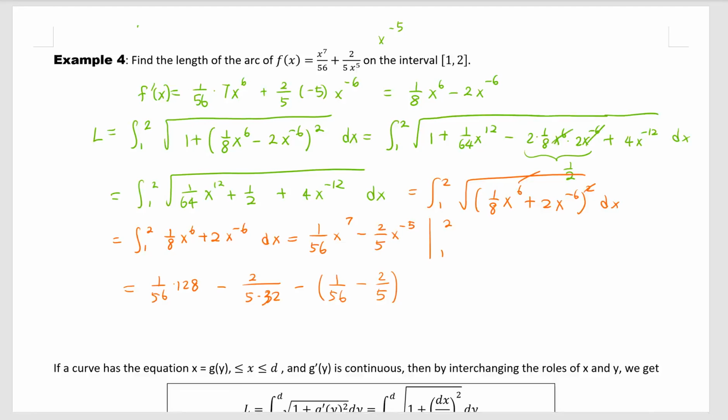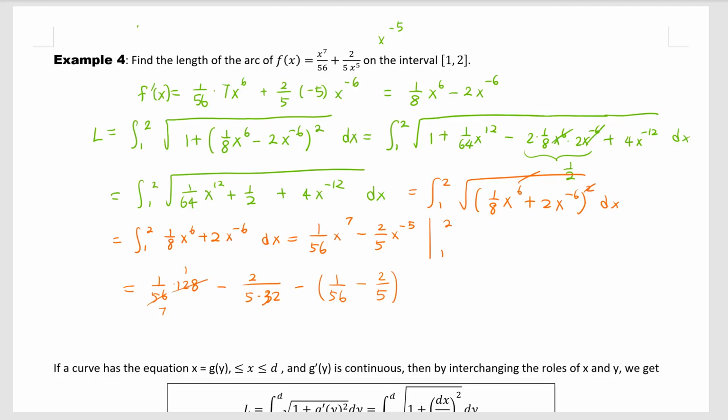All right. And what is that? Well, here we have a common factor 8. So we divide by 8, we get 7, and that thing we divide by 8, we get 16, right?